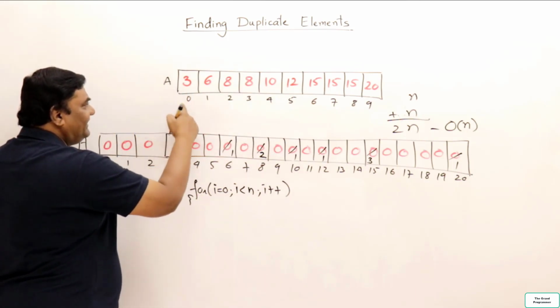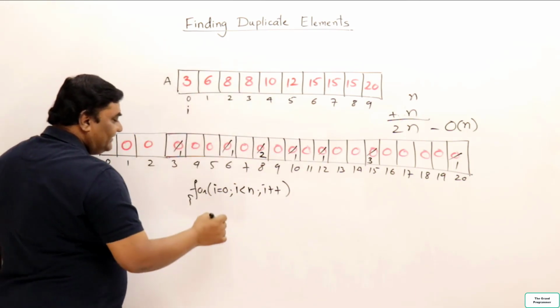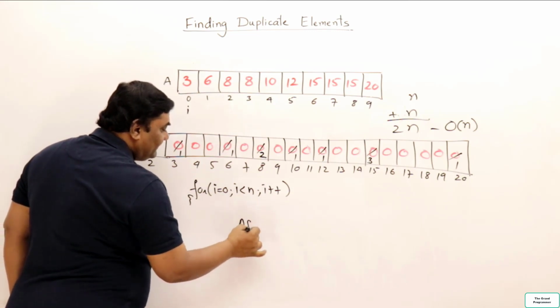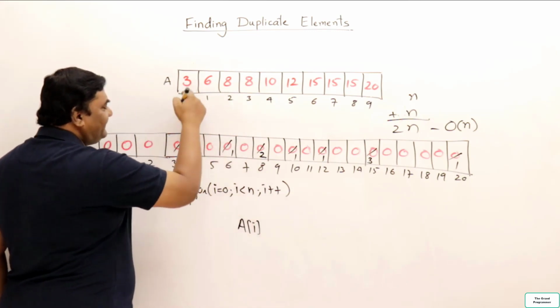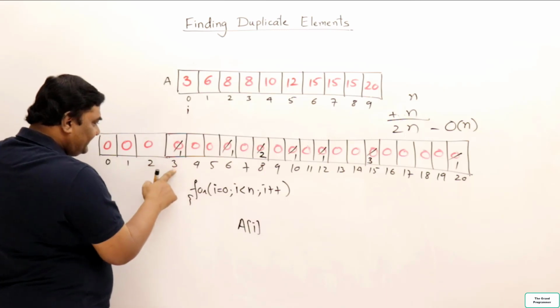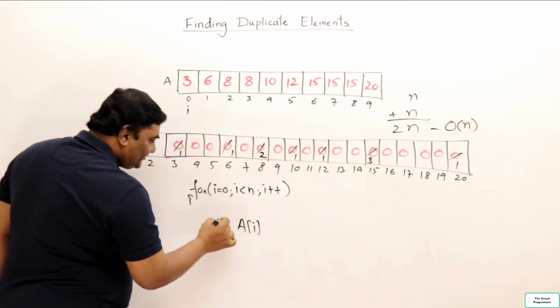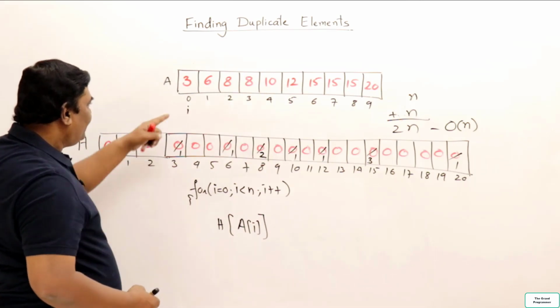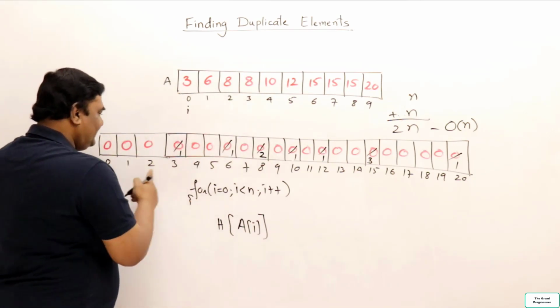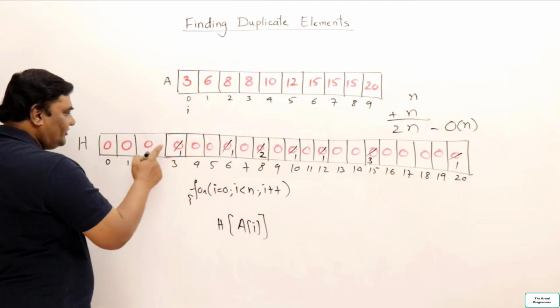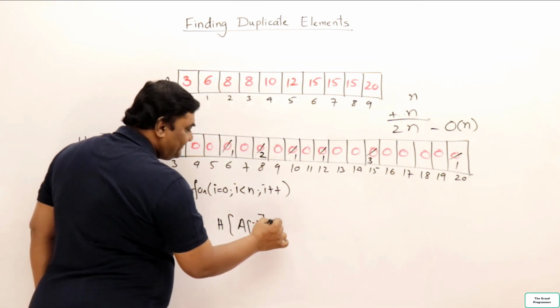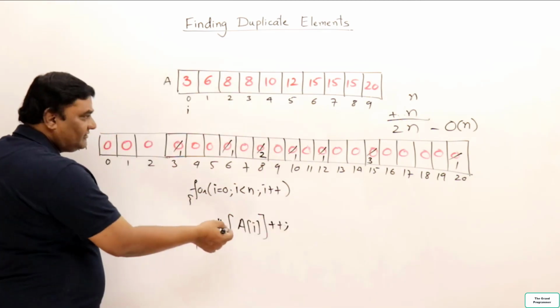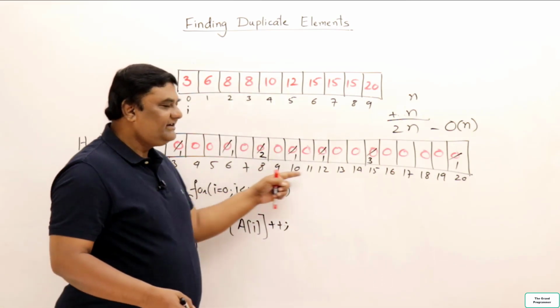Then for each element, like a of I is let us say 3. So I should go to third index. So that is h of a of I. Yes, a of I is 3. So that 3 I should find the index here, right? So h of 3 plus plus, this will increment. So that's all. This is how I can mark them or increment them.